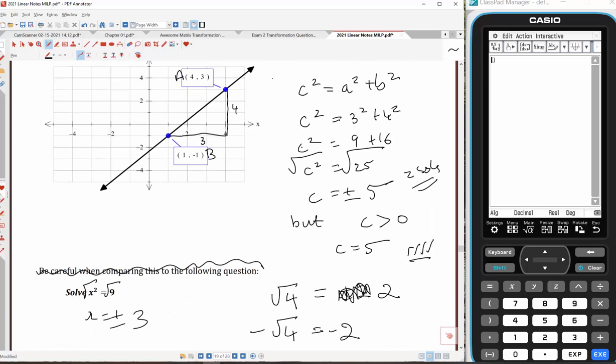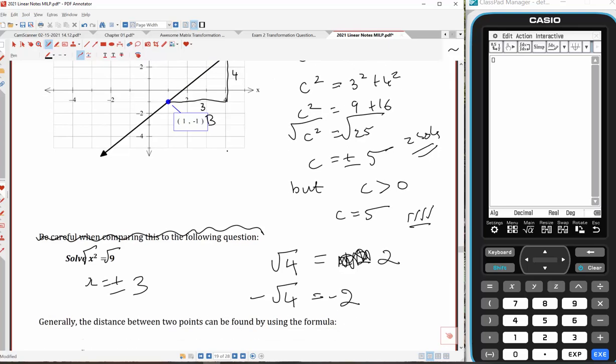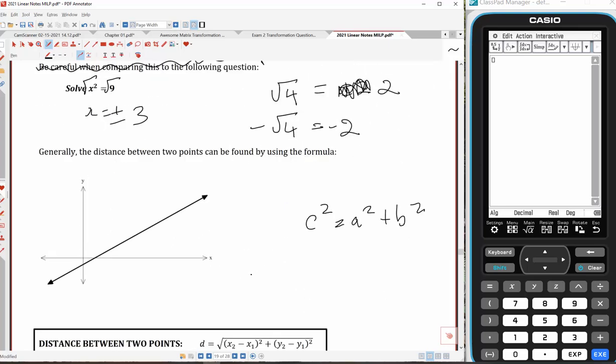That's exactly what we did over here. We worked out the distance between the X values and the distance between the Y values. And we do that by subtracting 3, subtract -1 is 4, and 4 take away 1 is 3.